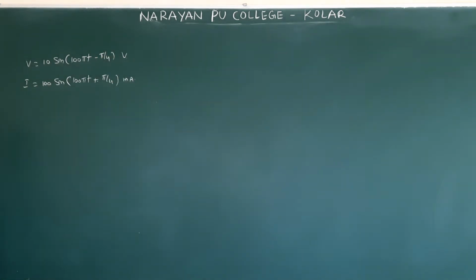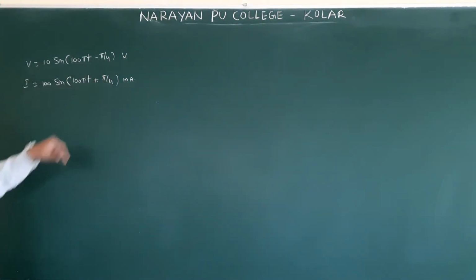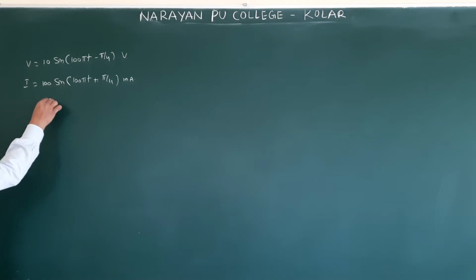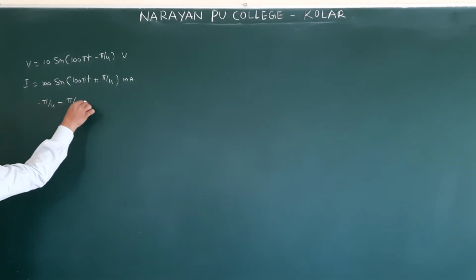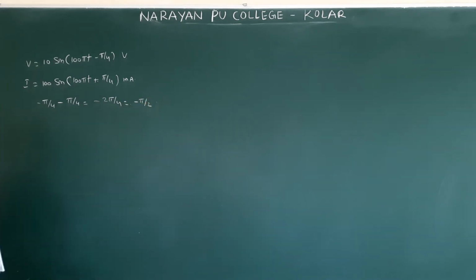First one: this phase minus this phase, minus pi by 4 minus pi by 4, that is minus 2 pi by 4, minus pi by 2. Therefore, voltage is not leading.